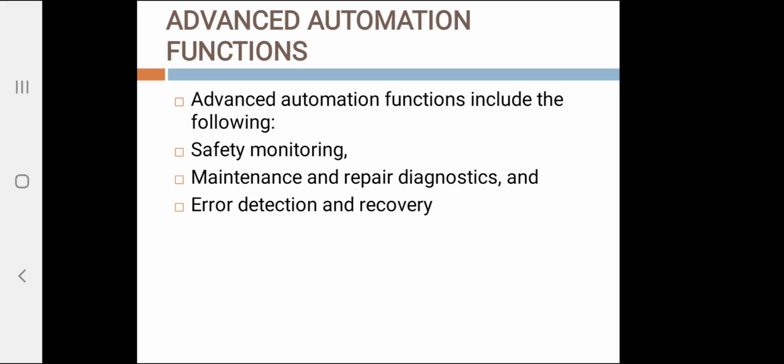These part replacements can be made during the night shift or other time when the process is not operating, with the result that the system experiences no loss of regular operations. And the next function is error detection and recovery.